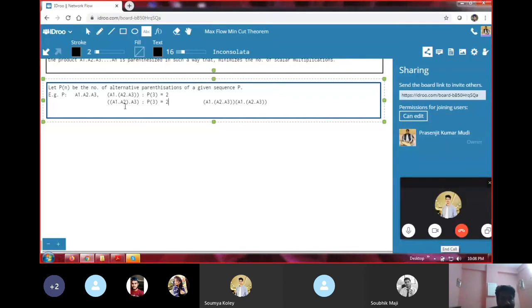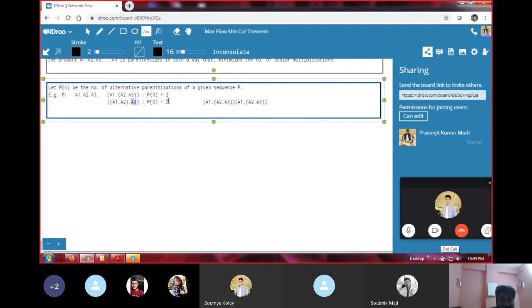First we compute A2 A3, one parenthesis, and then the product is multiplied with A1, second parenthesis, so P3 equal to 2. Again, A1 A2 multiplied first, then the product is multiplied with A3.